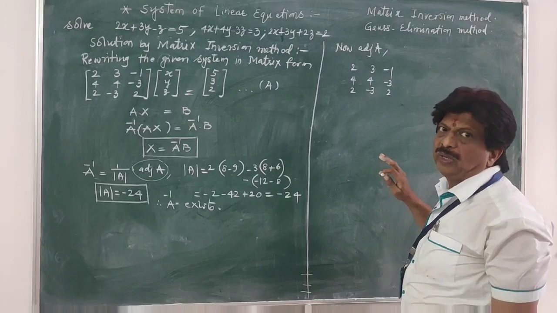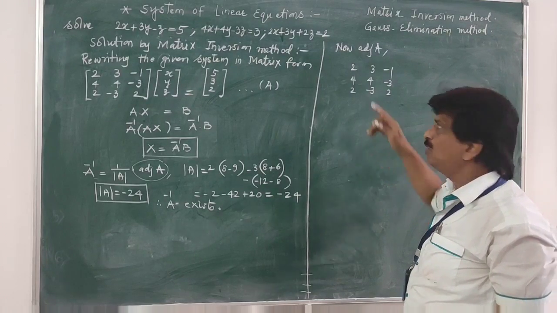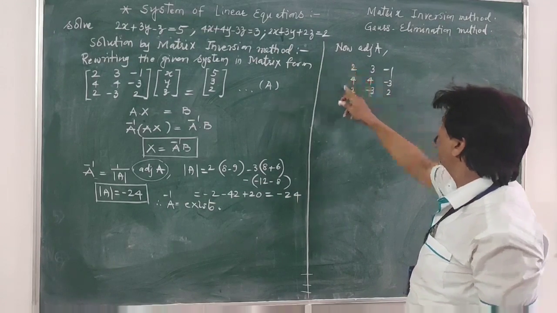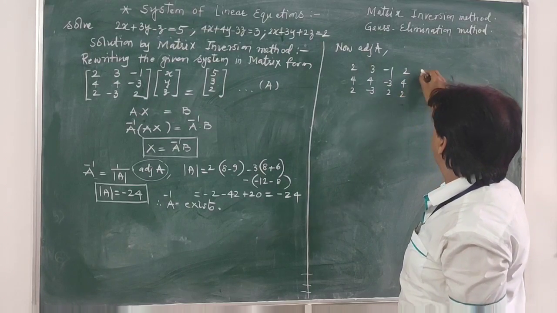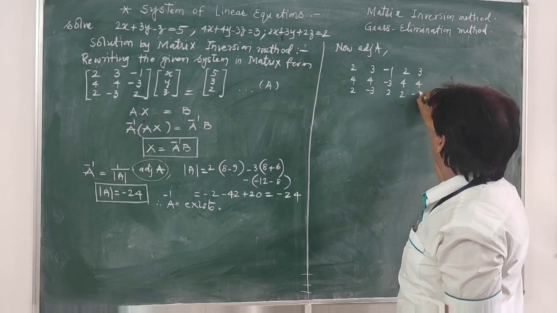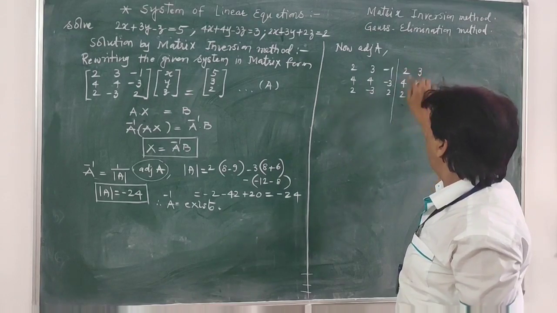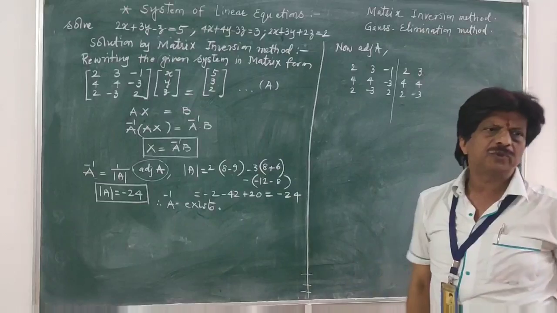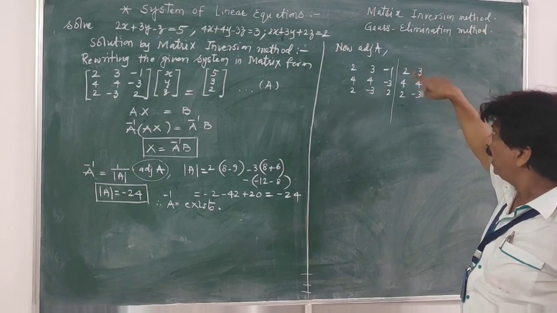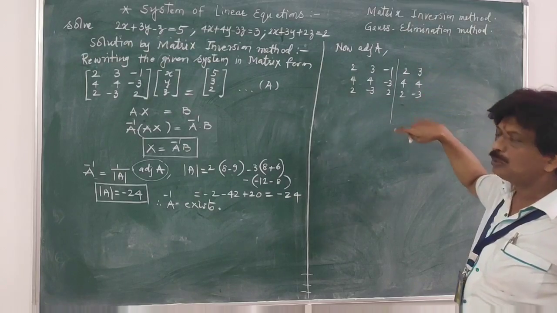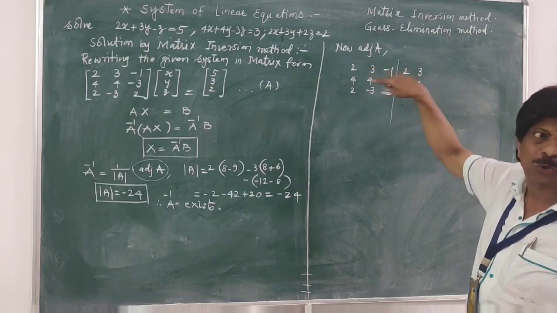Now, adjoin or append the first two columns here. What are the first two columns? 2, 4, 2 and 3, 4, minus 3. I have added two columns here. After adjoining these two columns, now adjoin the first two rows.